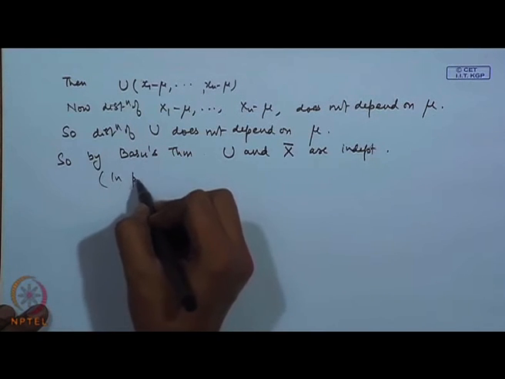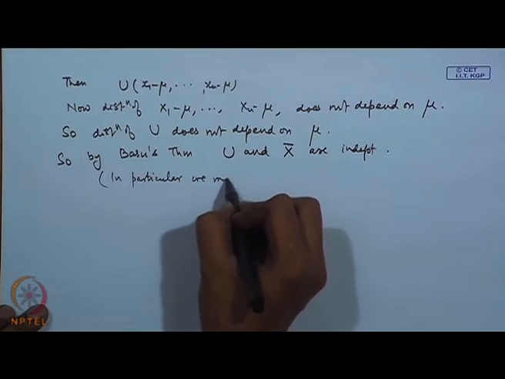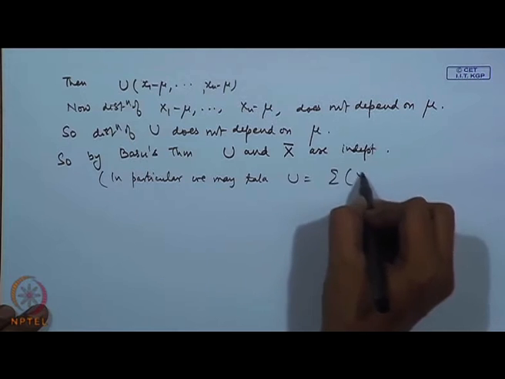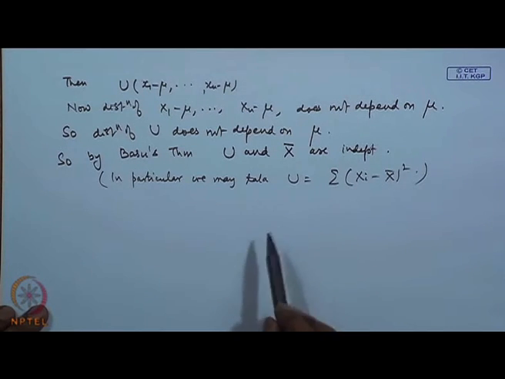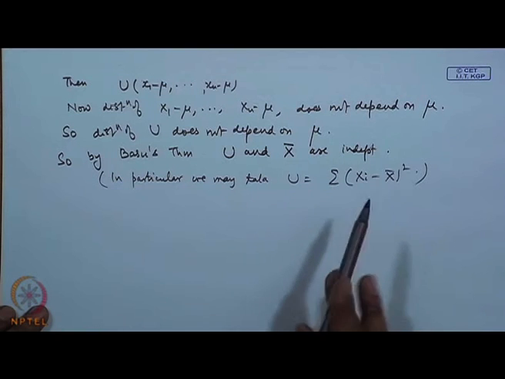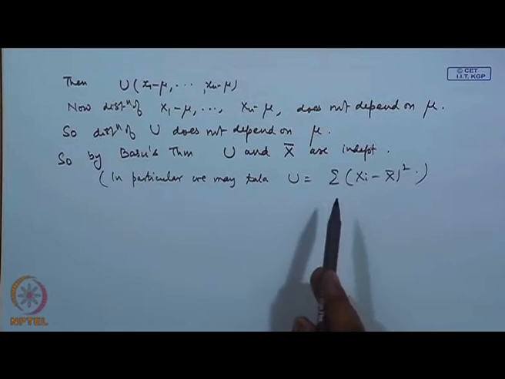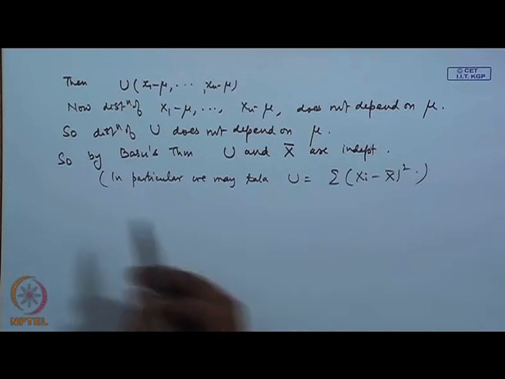In particular, we may take u equal to say sigma of x i minus x bar whole square. Of course, in sampling from normal distributions, we know that sample mean and sample variance are independent, but here this is also proved from Basu's theorem.